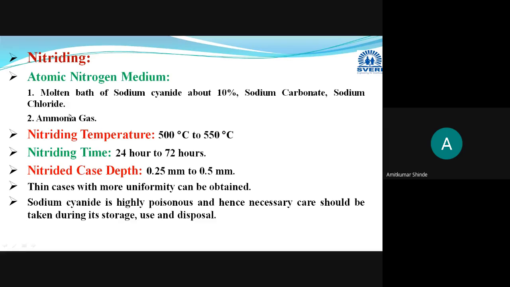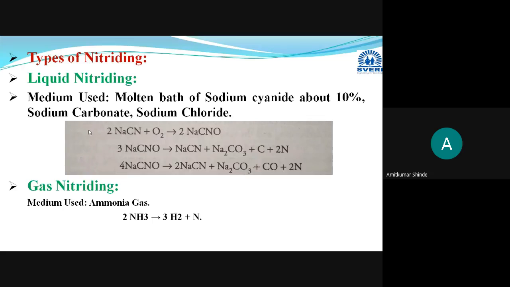And when you use a gaseous medium, that is ammonia gas, to get atomic nitrogen, then this process will be termed gas nitriding. These two processes I have highlighted in this slide on the types of nitriding processes, depending on the medium used.